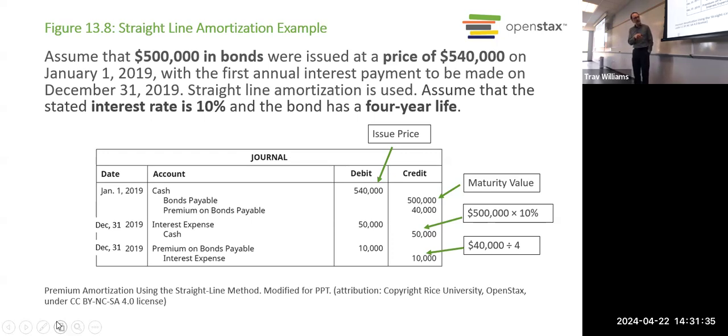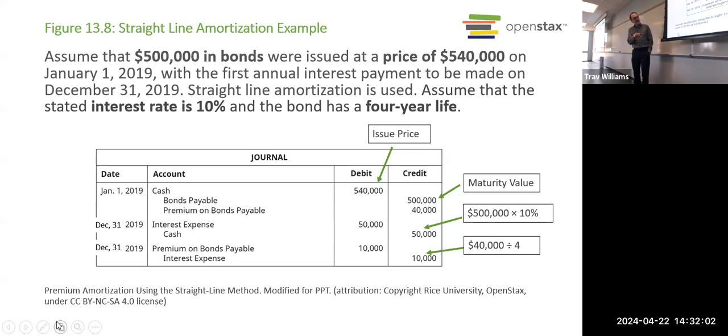The premium on bonds payable that had been credited initially is getting a $10,000 debit. After 4 years of debiting it $10,000, what's going to be the remaining premium on bonds payable? 0, right? 40,000 minus 10,000 every year for 4 years is going to bring it down to 0.